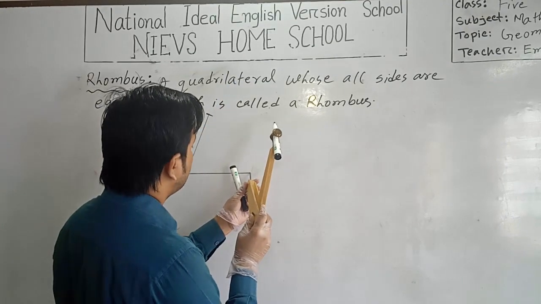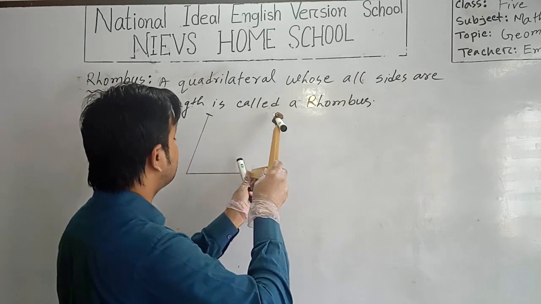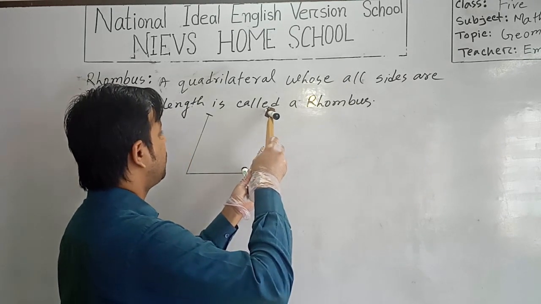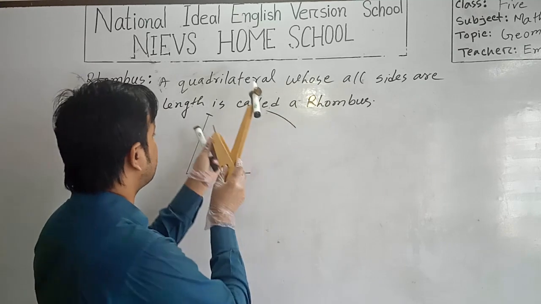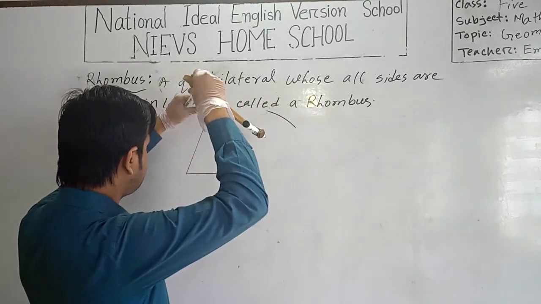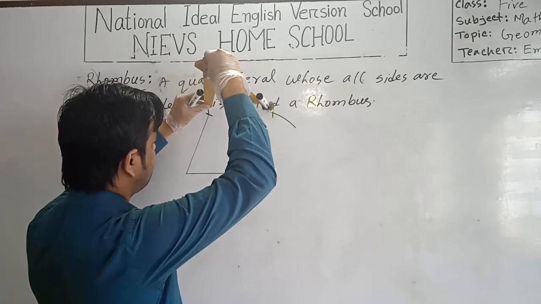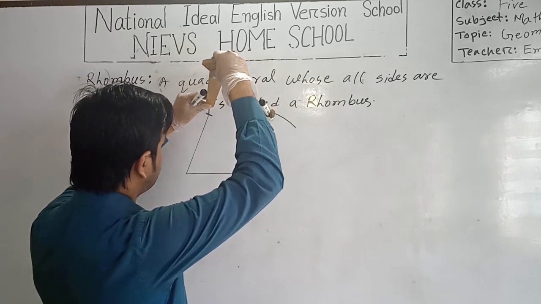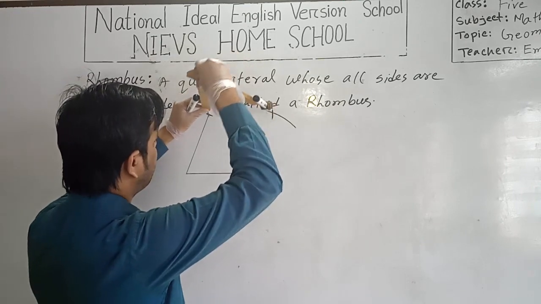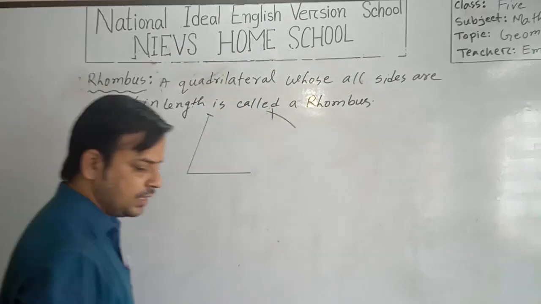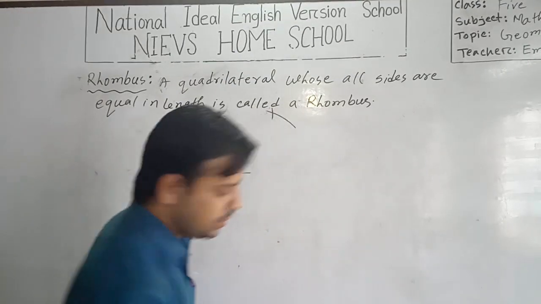Now put the pointer of the compass at these 2 points and draw 2 arcs from these 2 points. These 2 arcs will intersect each other at a point.